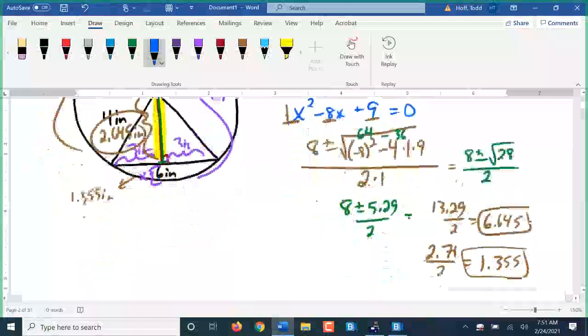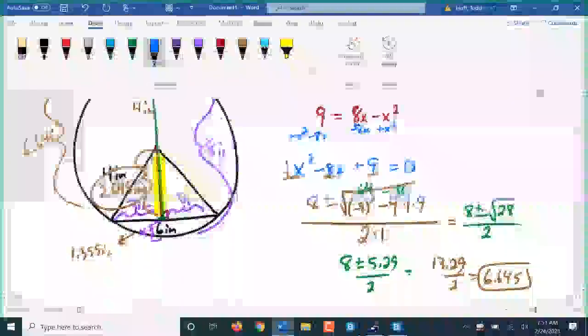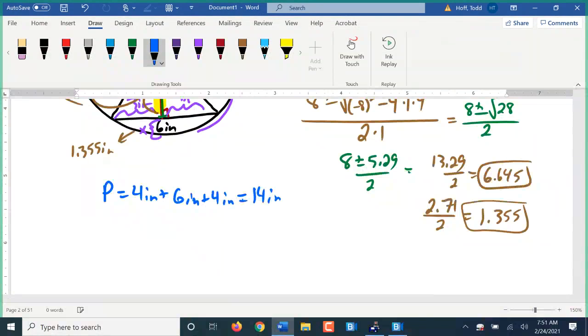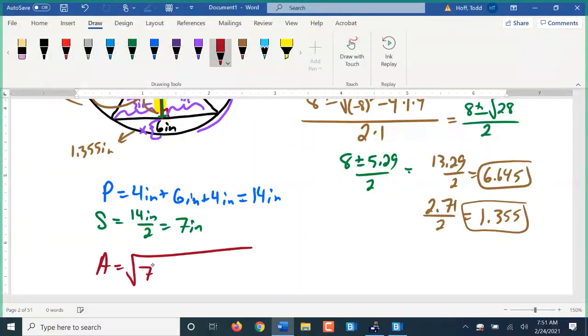I know that's a triangle that had sides of 4, 6, and 4, right? That's a perimeter. 4 inches plus 4 inches plus 6 inches is 14 inches. That's something called a semi-perimeter of 14 inches divided by 2, 7 inches. Looking familiar? Heron's formula. Area is the square root of that semi-perimeter, 7, times the semi-perimeter minus the shortest side, 4.